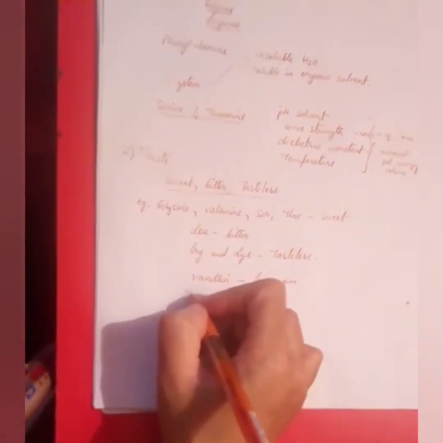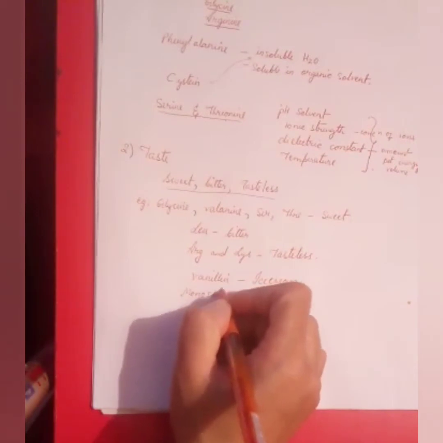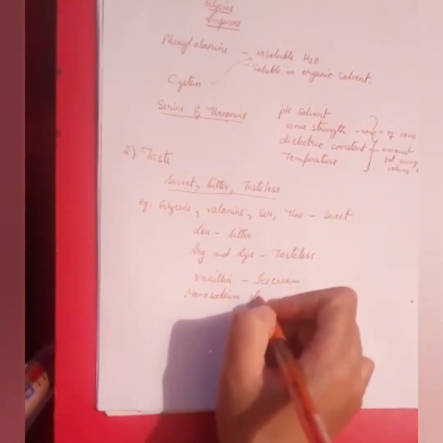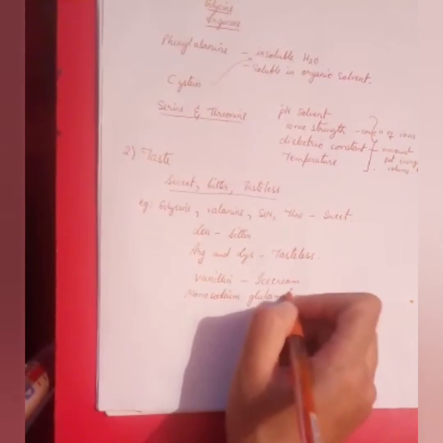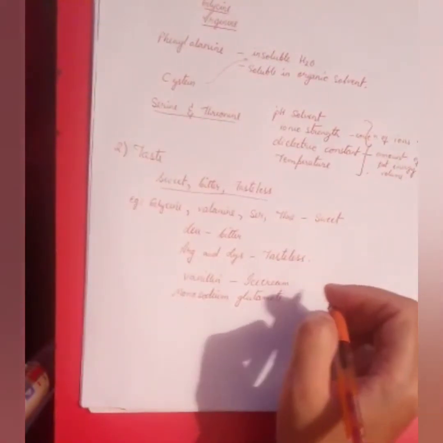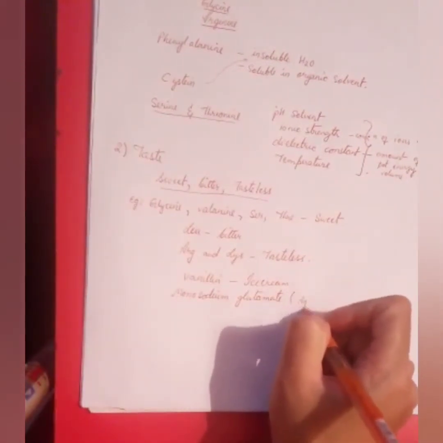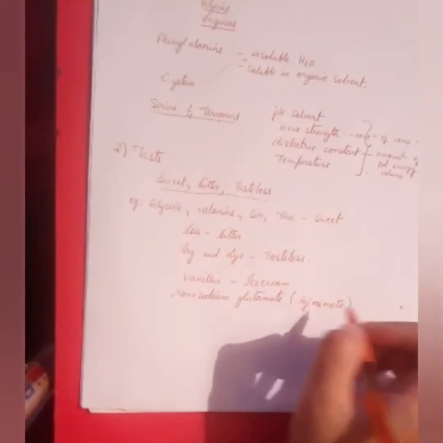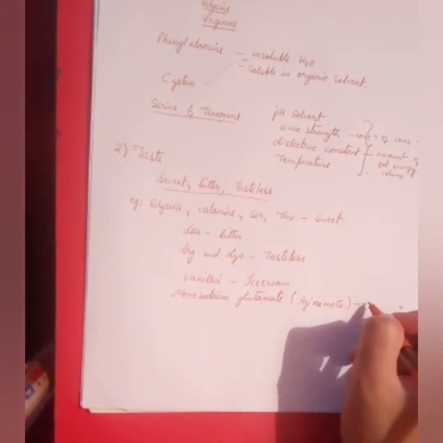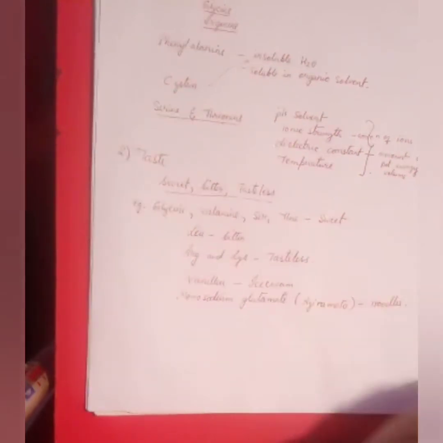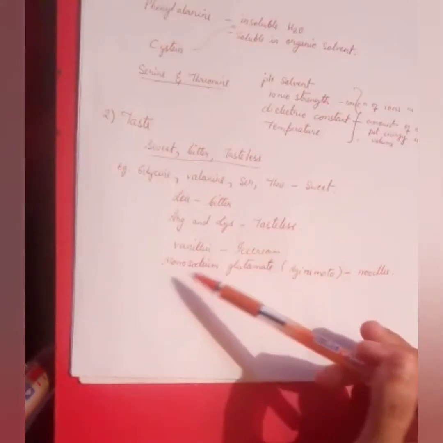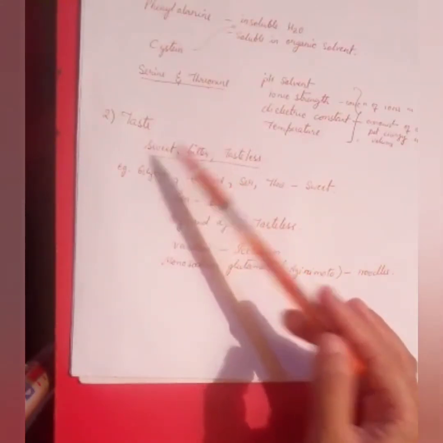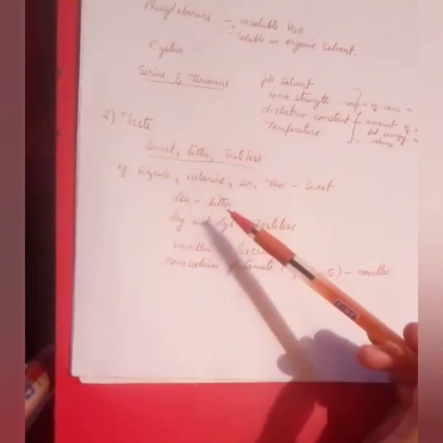And we have monosodium glutamate, glutamic acid, also known by the common name Ajinomoto. It is used as a flavoring agent in noodles. So some of the amino acids are sweet, some are bitter, and some are tasteless.